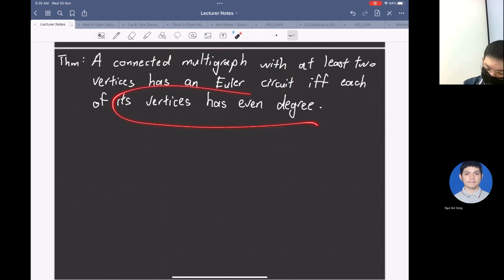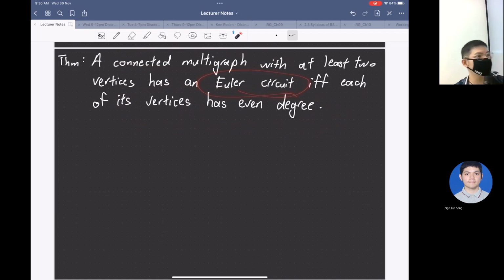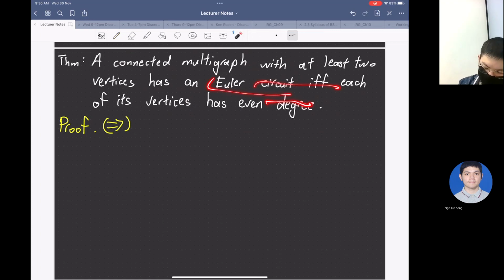If every vertex has even degree for your connected multigraph, then you can build an Euler circuit. Okay. So let's see how this argument goes. One direction is easier: if you've got an Euler circuit, then each vertex has even degree.